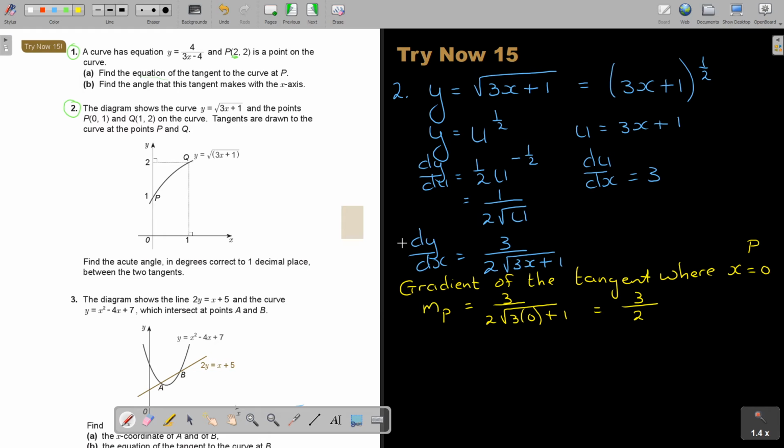Now, I'm going to find the other gradient also. The gradient of the tangent where x is 1.